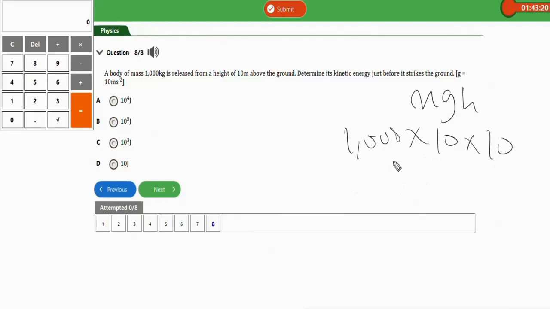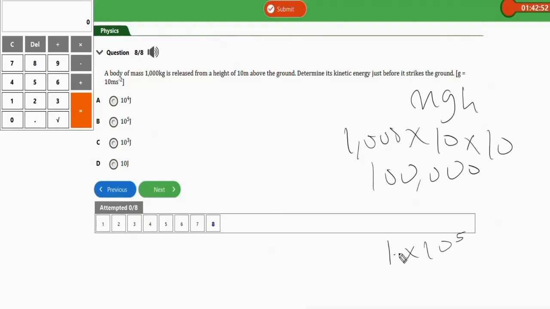When you multiply everything together, you are going to have 100,000. If we apply standard form, 100,000 is equivalent to 1 times 10 to the power 5.